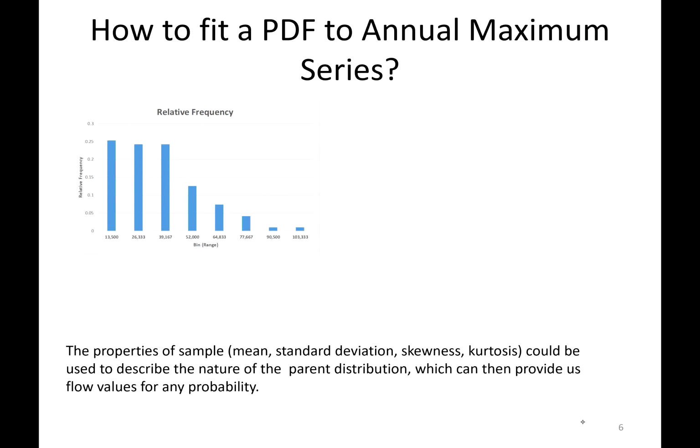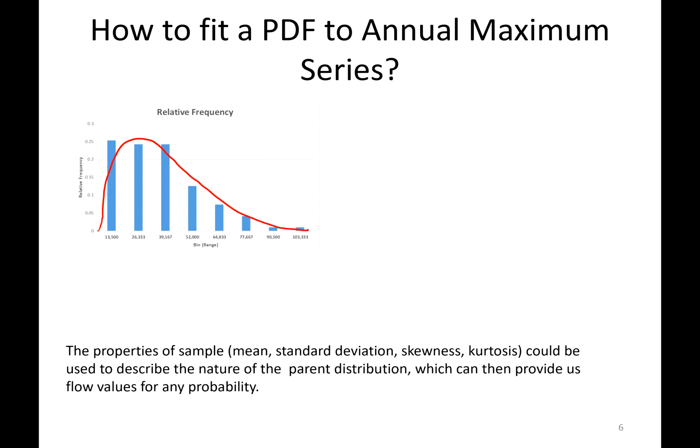So this is what we created in Excel. As I said, you can convert this discrete plot into sort of a continuous function, but we usually don't do that. What we try to do is find a theoretical probability density function that will fit our data and the properties of the sample.